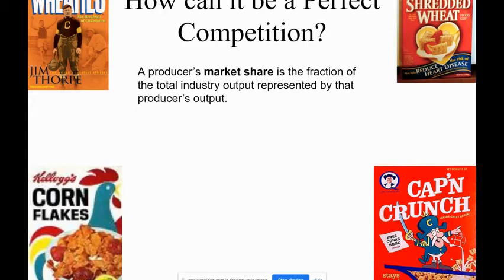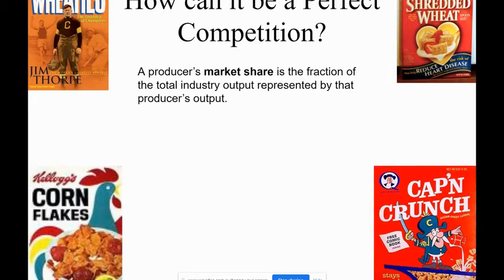If we were talking about the market for soft drinks, for pop, Coke and Pepsi have a really strong market share. Pepsi and Coke dictate what happens in the market. But when we're talking about cereals, think about going to the cereal aisle at your grocery store.